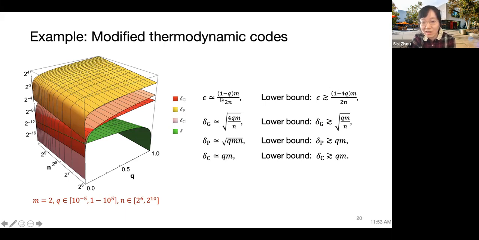So we can see that for the first, second, and fourth lines, the scaling matches its lower bound, but there's a gap between the square root of N and this lower bound of delta p. So that's the first message from this modified thermodynamic code.